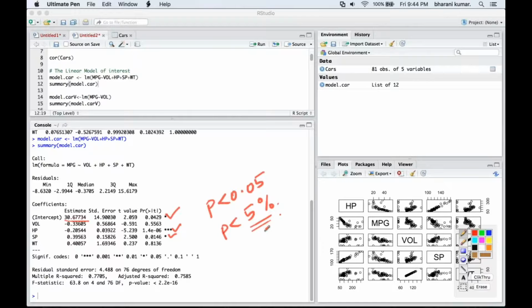Why 5%? Because your management wants you to be 95% of the times correct. That means 5% of the times you might go wrong. If the probability of you going wrong is less than 5%, then these values can be used in your prediction with confidence. Chance of you going wrong with the prediction is less.